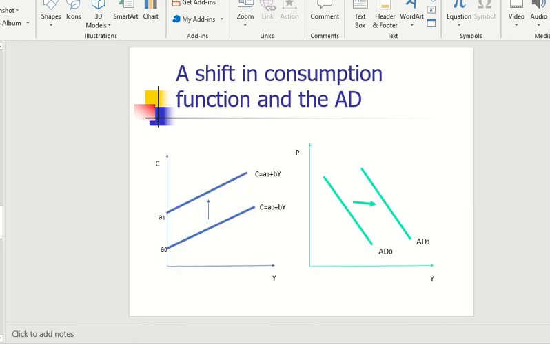What we're going to do next is to illustrate how the consumption function corresponds to aggregate demand. Let's pick an example. Let's suppose wealth increases.